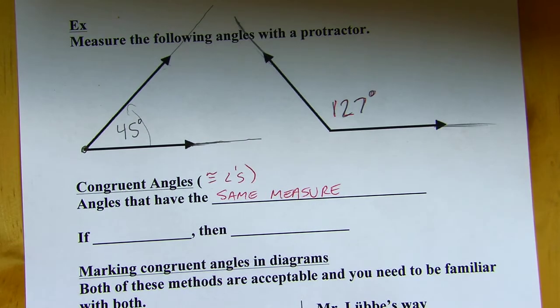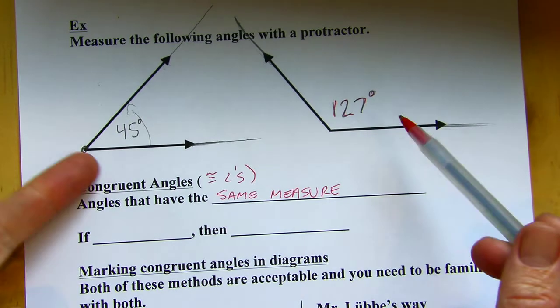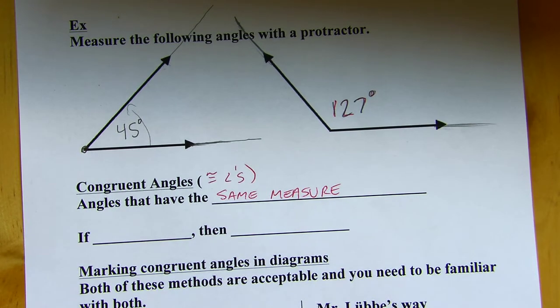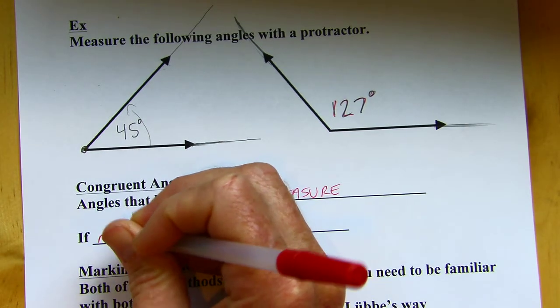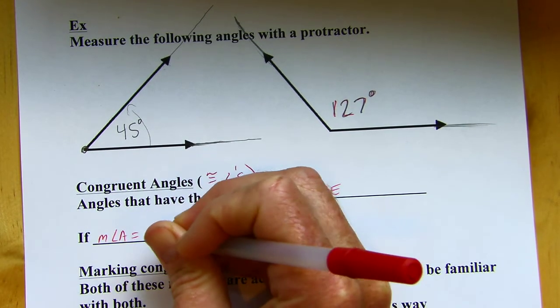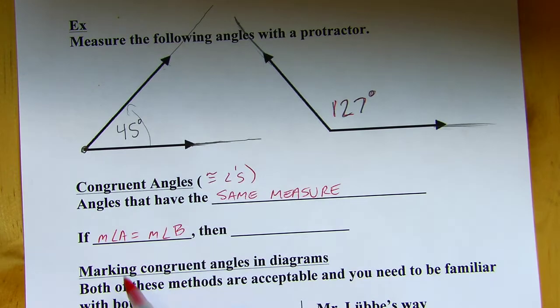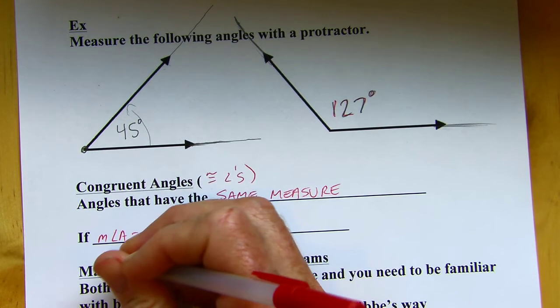Okay, so that means if they have the same measure, well, these wouldn't be congruent. They don't have the same measure, right? But if the measure of two angles is equal, okay, when you see a little m like that in front of an angle symbol, this means measure of.